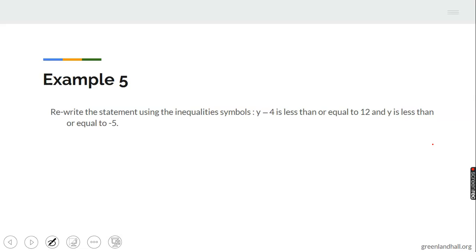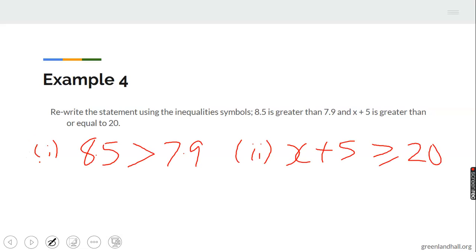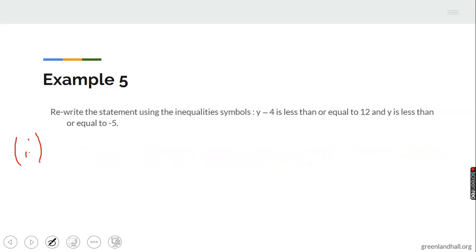Now, example 5. We have to rewrite the same thing, okay? Pick your pen and paper and do this for me. Y minus 4 is less than or equal to 12. And y is less than or equal to minus 5. So just do that in less than a few seconds. Follow what I did here and do yours also. Okay? It's very, very simple. Just try.